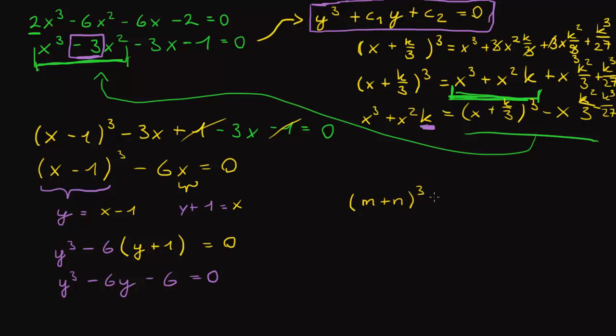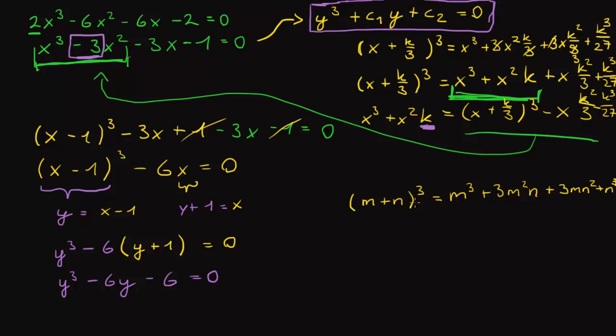And we're going to say, well, this is equal to m to the third plus 3 times m squared n plus 3 times m n squared plus n to the third, right? That comes straight out of the binomials, right? You just multiply this out.